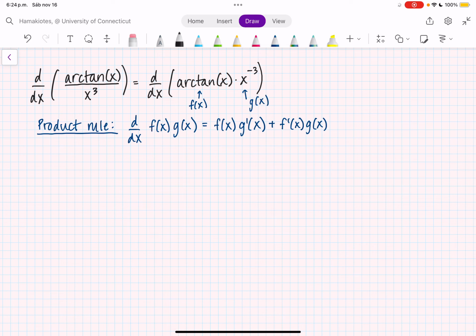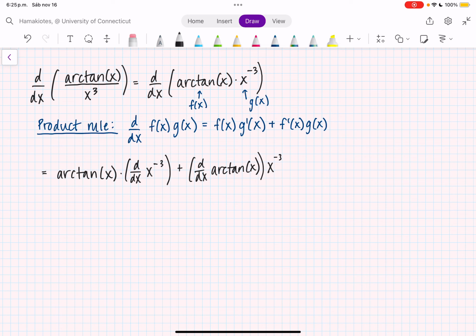So now using the product rule, we get f of x, so arctan of x times the derivative of x to the minus 3 plus the derivative of f of x, which is arctan of x, times g of x, which is x to the minus 3.